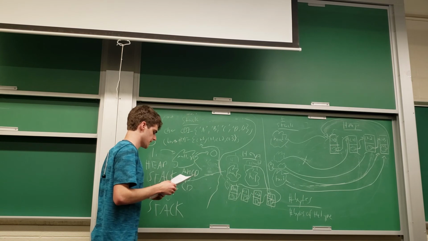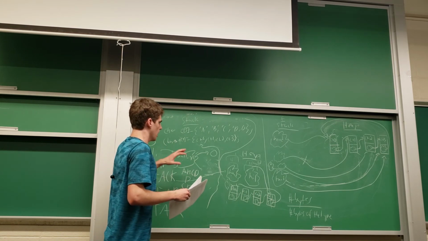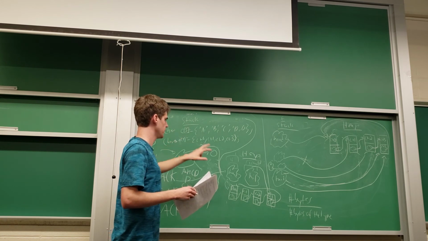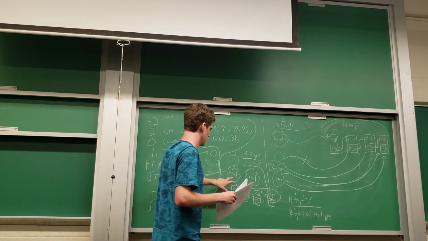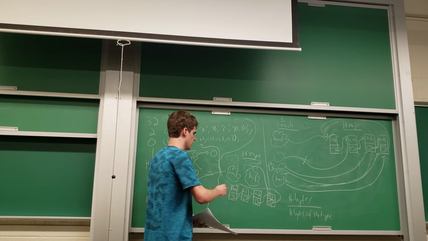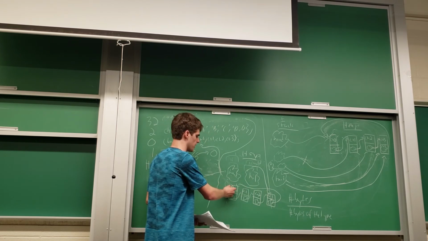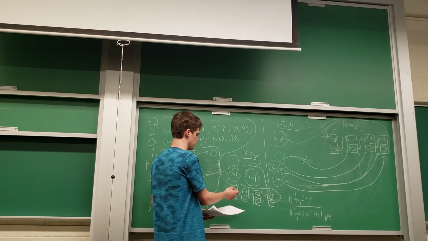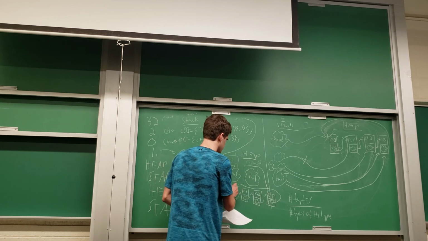So print the reference count of v0. Okay, so v0 is this. And the reference count just basically means this is pointing to this, and how many other things are pointing to this? This is, and so is this.